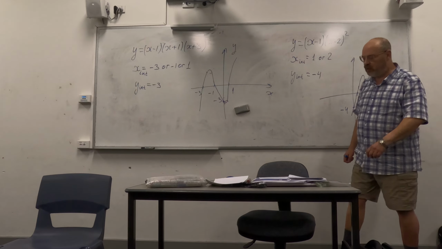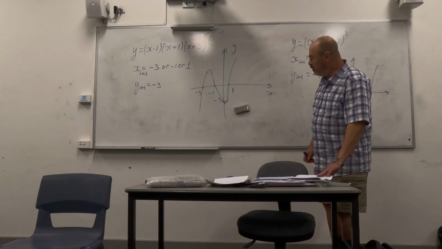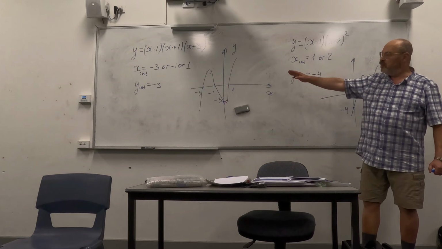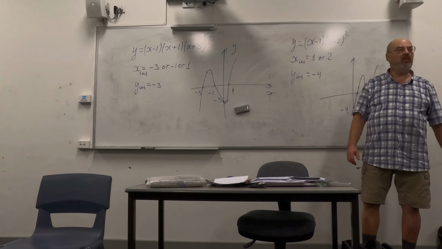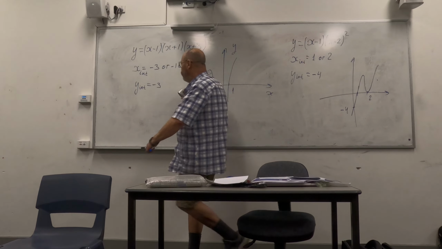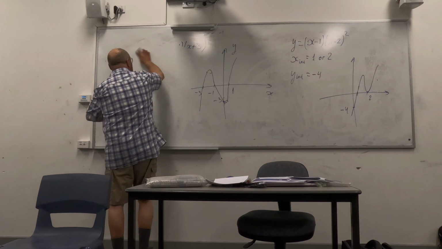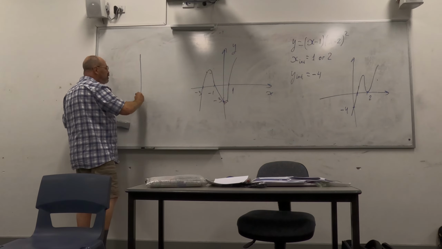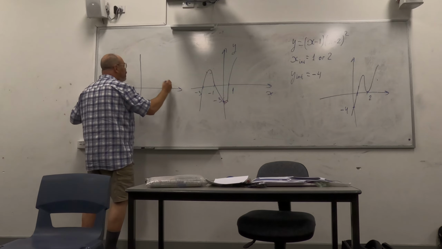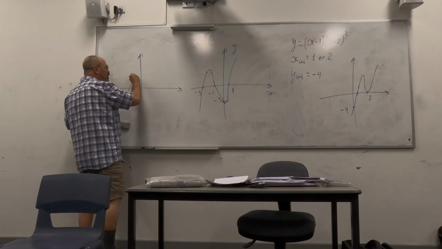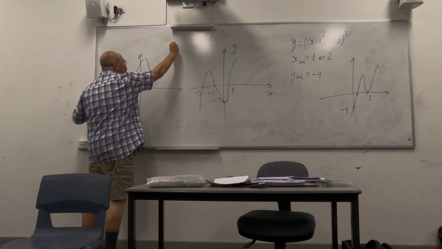Sometimes, in some cubics, the shape will be like this, but there will be only one x-intercept. So it is possible to have a graph that looks like this.